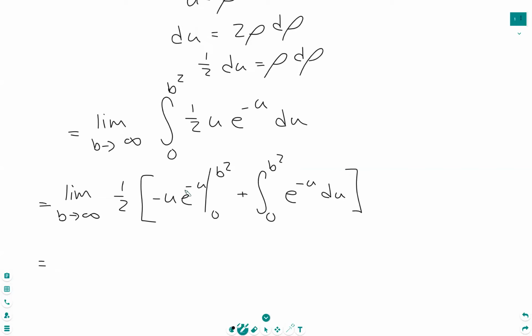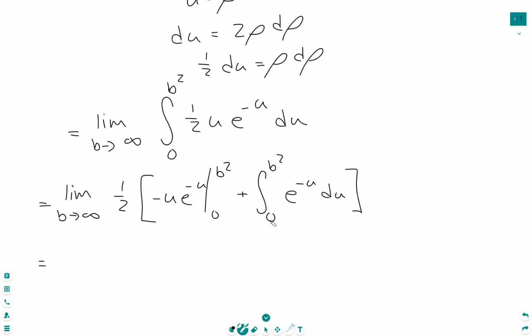So this term ends up vanishing because when u is 0, this whole thing is just equal to 0. When u is b squared, you can do just 2 L'Hopital's to figure out that this also goes to 0. This exponential beats out this polynomial every time. So this whole term ends up going to 0.